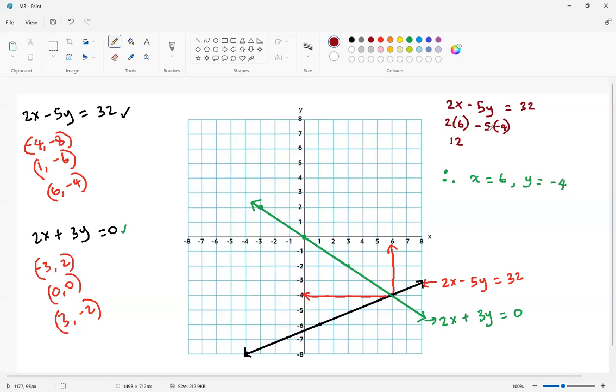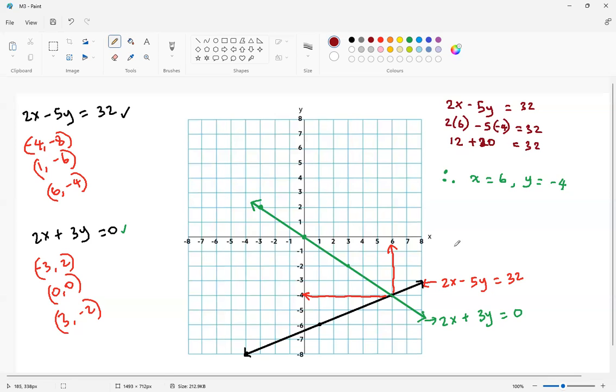Minus 5 times minus 4 will be plus 20. Now 12 plus 20 gives us 32. You see, they make the equation true.